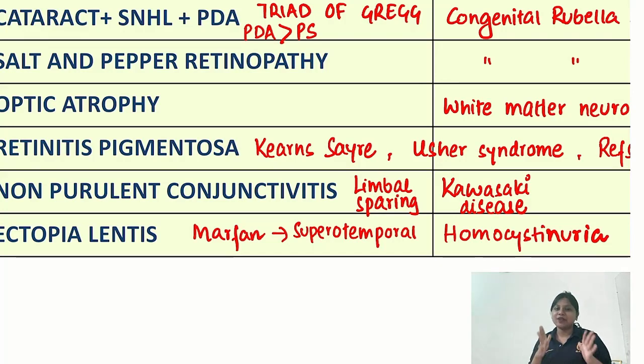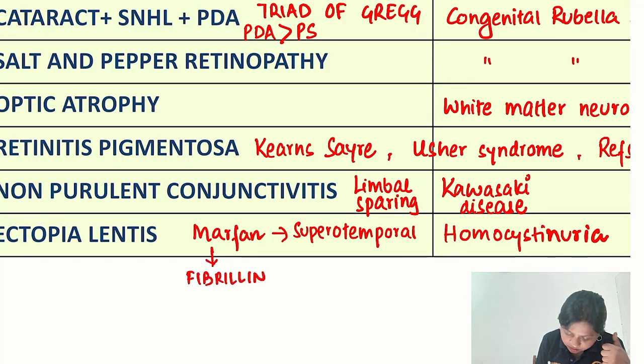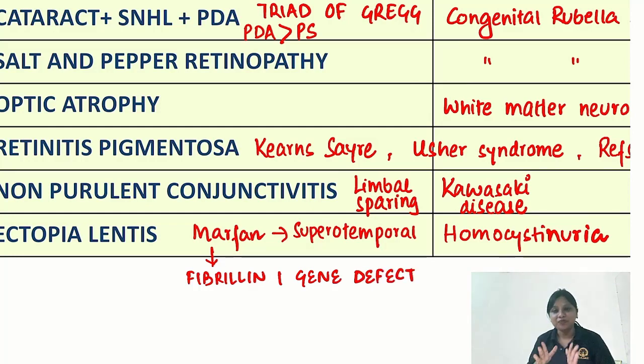Now let me tell you, Marfan syndrome is basically because of a fibrillin 1 gene defect. And you know that it is a child with tall stature, long slender fingers, arachnodactyly, abnormal long bones, as well as a chance of affecting the aortic root.